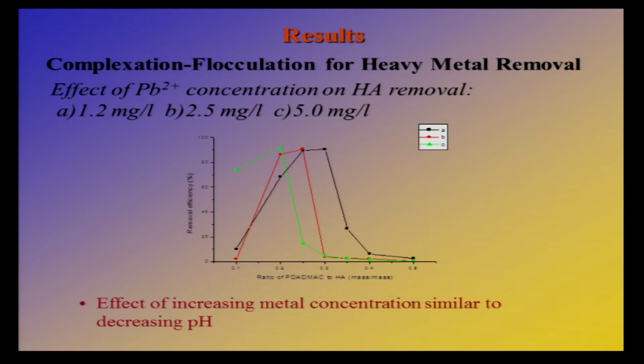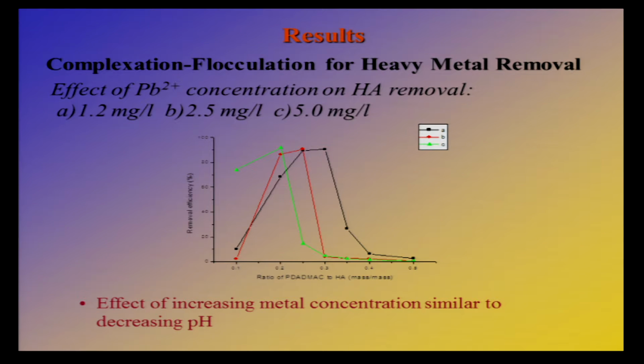Let's have a look here at the effect of lead concentration on the humic acid removal. So does that affect the flocculation? So what we find is that as we go from A, which is black, to B, which is the red, and then C, which is the green, you notice how the removal efficiency of the heavy metals is, the optimum is changing slightly and the value is dropping.